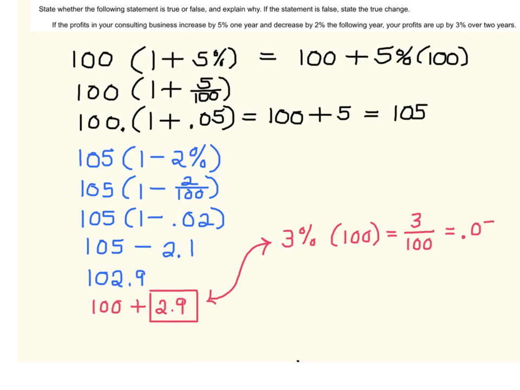So 0.03 is 3%, which is not equal to 2.9%. So this is a false statement. And in fact, 2.9 of 100 is 2.9%. So the actual percent increase for this problem is 2.9%.